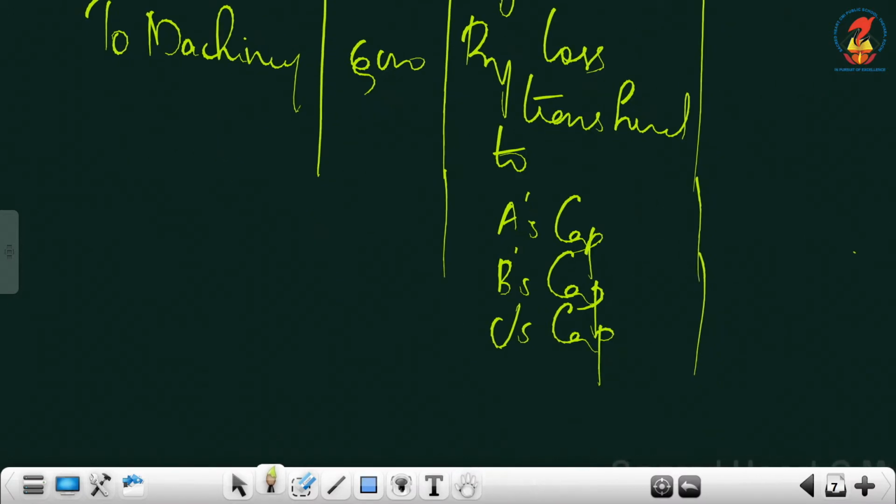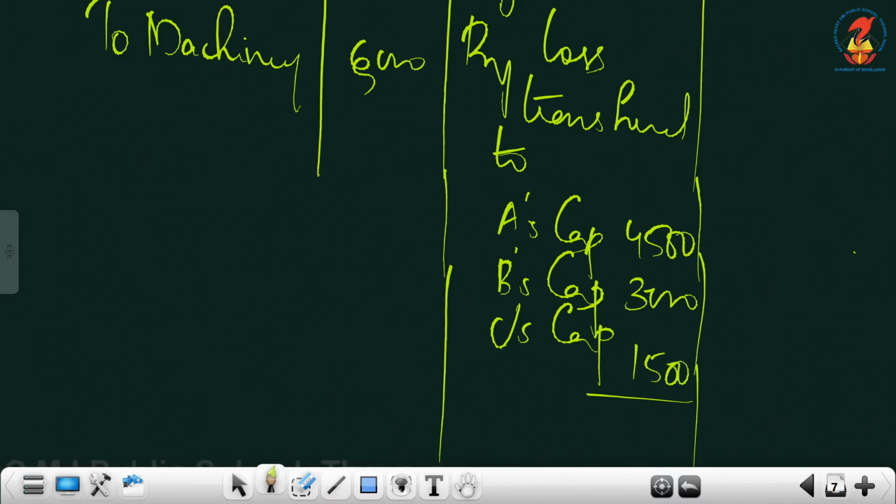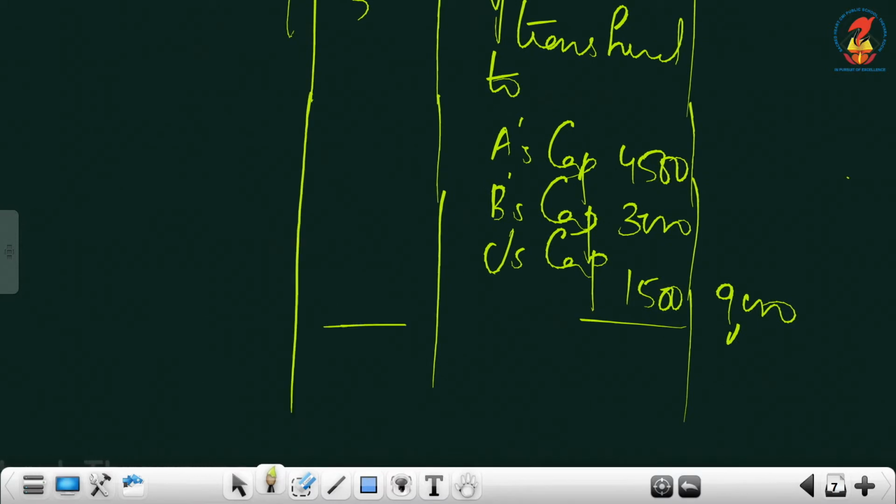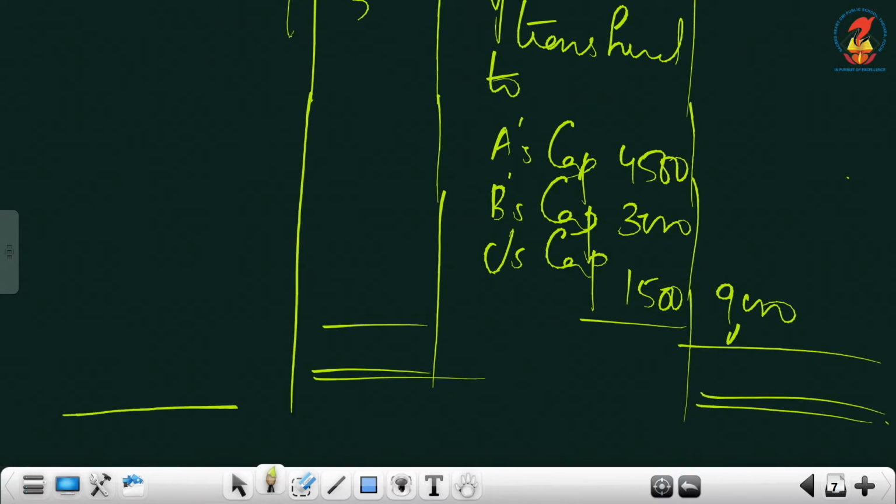Find the difference and divide it in the old ratio. The old ratio is 3:2:1. The division is 4,500, then 3,000, and the last one is 1,500, and the loss is 9,000. Write the totals and close your revaluation account.